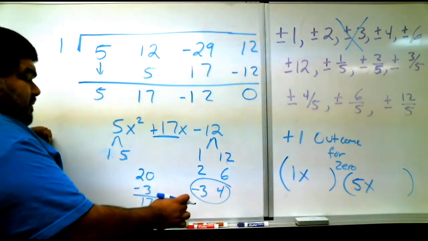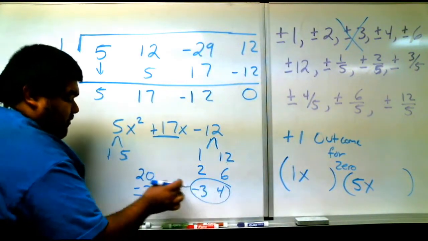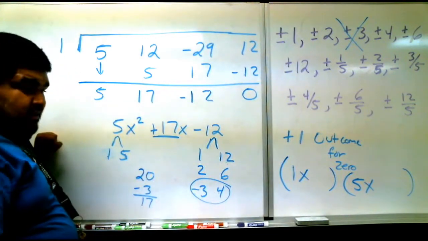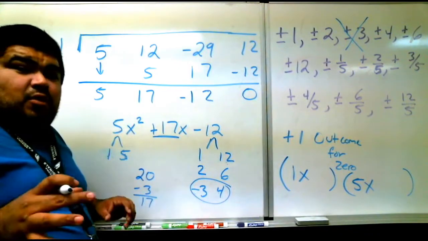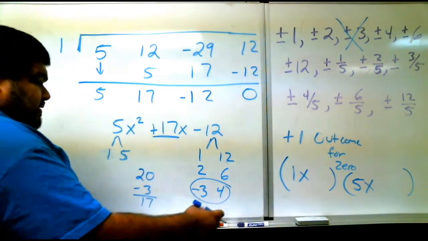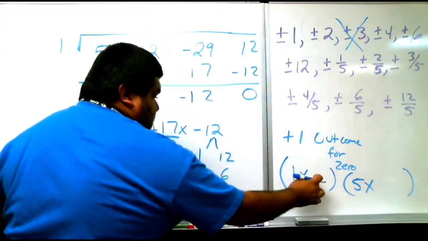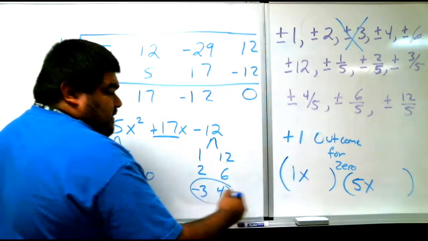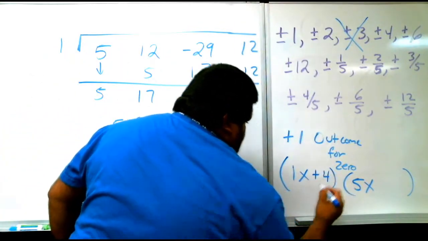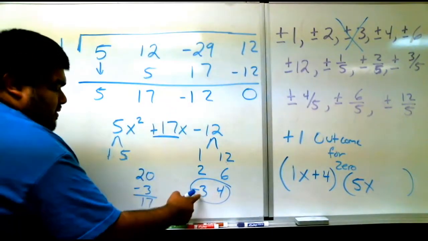I multiply the 5 times the 4 to give me that 20. So always put the ones you multiply on opposite groups. Meaning that since the 5 is over here, we're going to put the 4 next to the 1. Since it's positive, plus 1 or plus 4. What's left over?